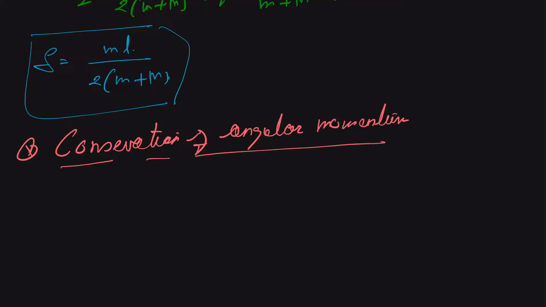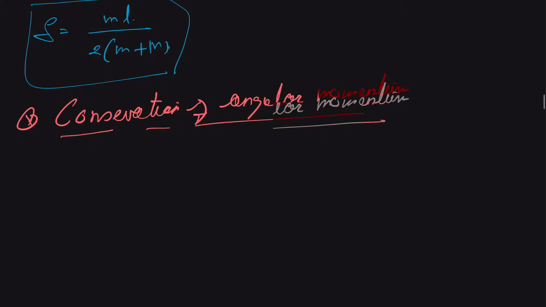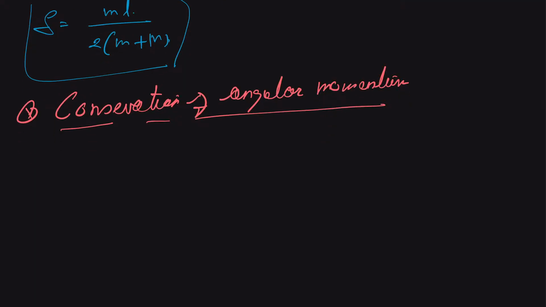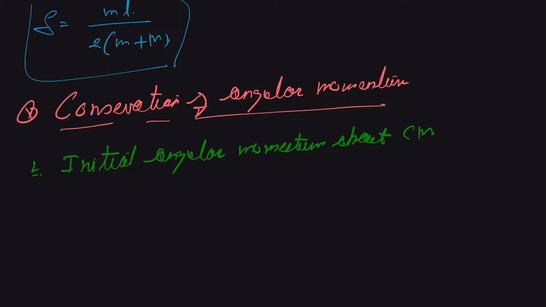Let's start with our initial angular momentum about the center of mass. The Planck was at rest, so its angular momentum initially will be equal to 0.